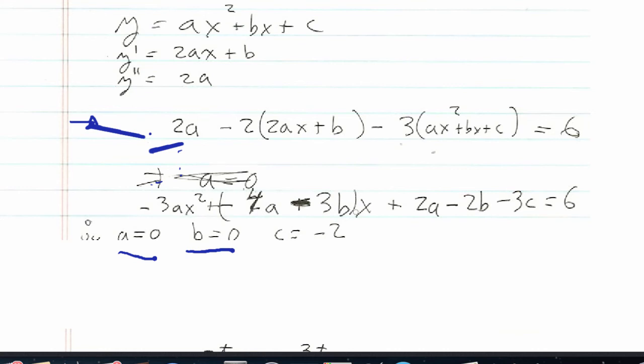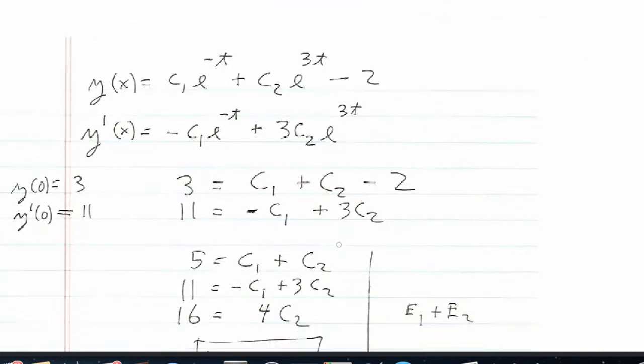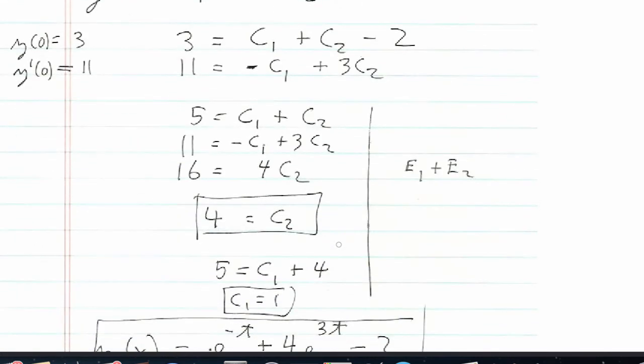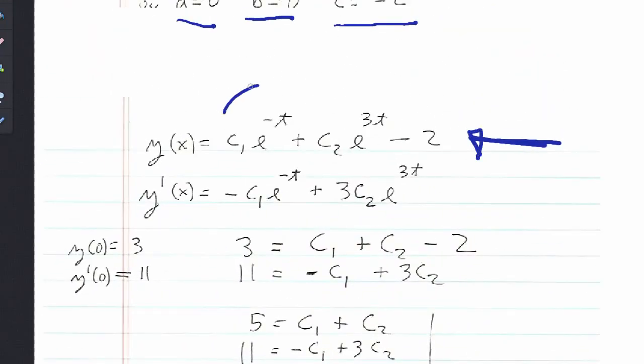And so since 2a minus 2b minus 3 times c is 6, that forces c to be equal to minus 2. Putting this all together, the general solution to that differential equation is given right here. In other words, we take our general solution to the homogeneous equation and add to it the particular solution.